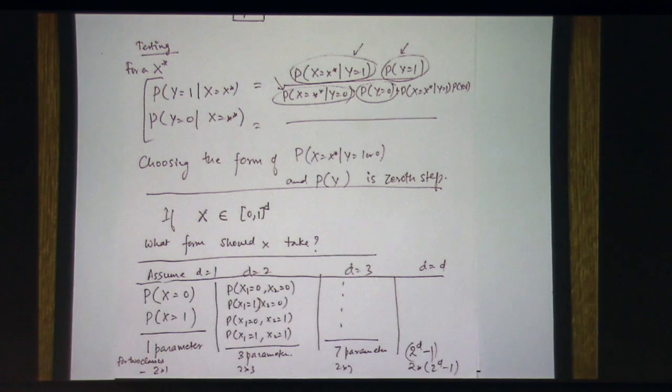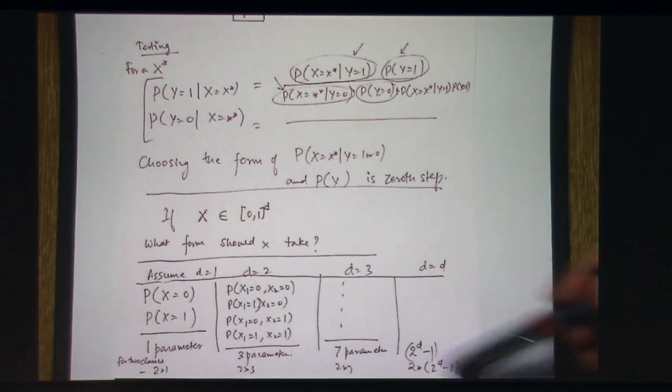If you have a 12-sided dice and you roll it just 10 times, you can be certain that some of the faces will not be observed at all. So if you just do MLE, their estimate would be 0, because you have never seen it. You can apply some prior on that, but then you're not really learning from the data. So you need a lot of rolls of that dice.